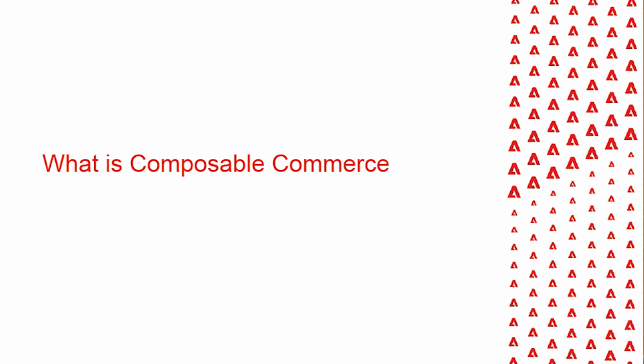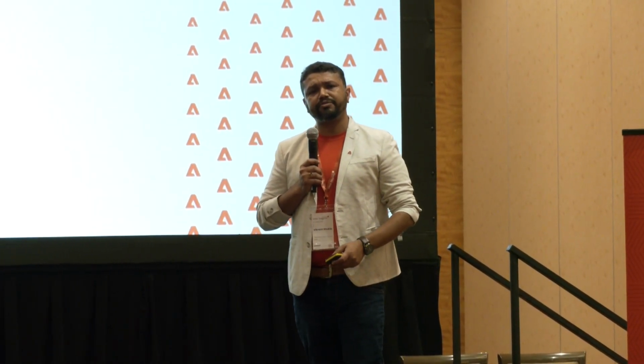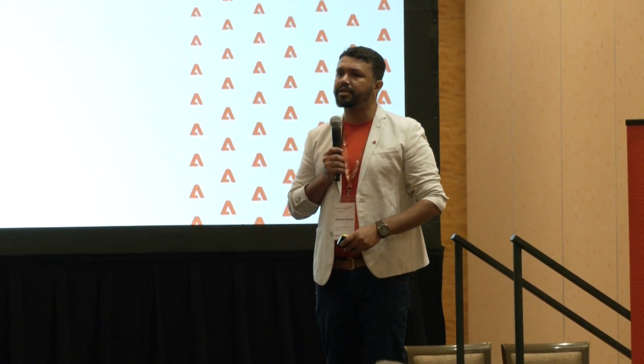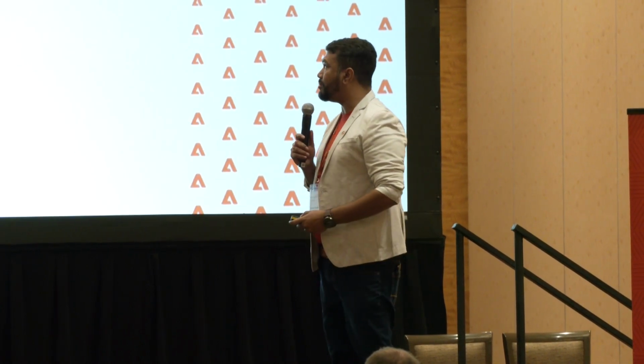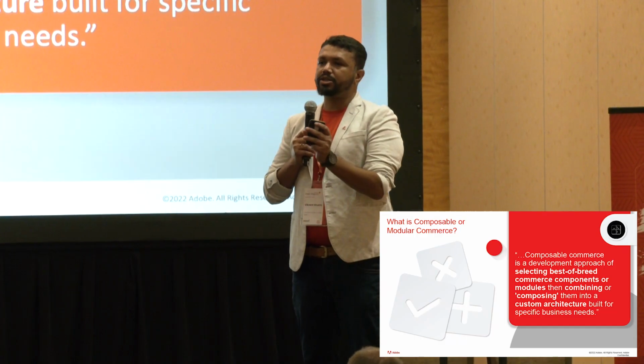So what is composable commerce, right? This is a new term that has come across very recently. There are a couple of companies, the e-commerce providers, which are marketing themselves with this keyword. But what actually is composable commerce? By definition, composable is trying to find the best-of-breed to fulfill all your specific needs.